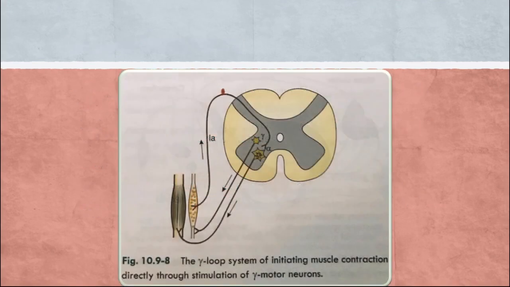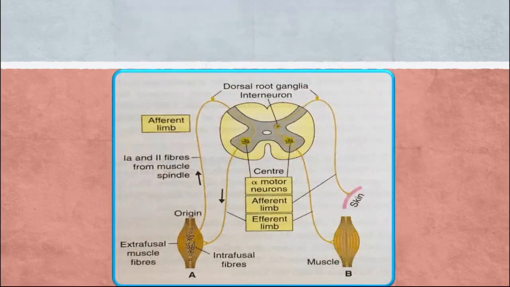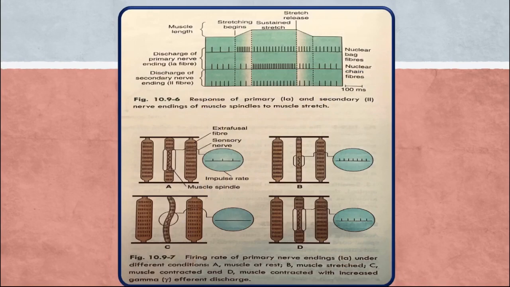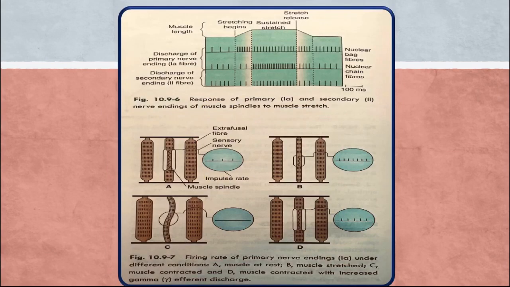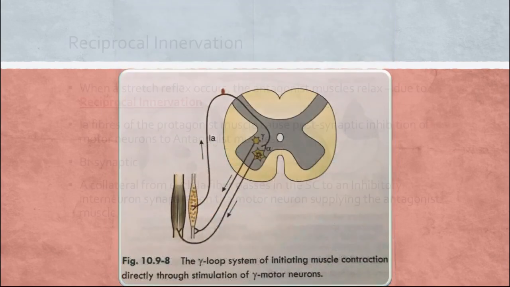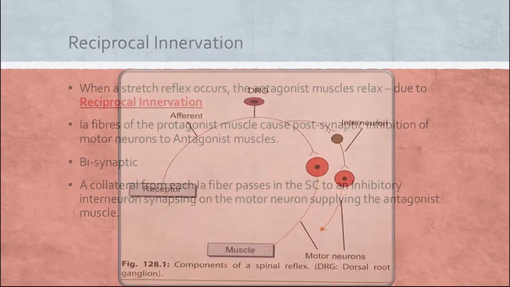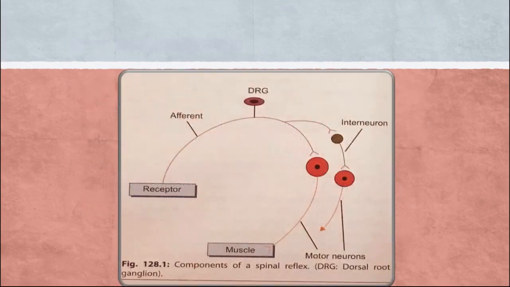अब आप इसमें देखोगे, यहाँ है क्या डायग्राम, 1 second, let me see. Yes, this one. This is the receptor, it is sensing, afferent fiber is going, and this is the alpha motor neuron.